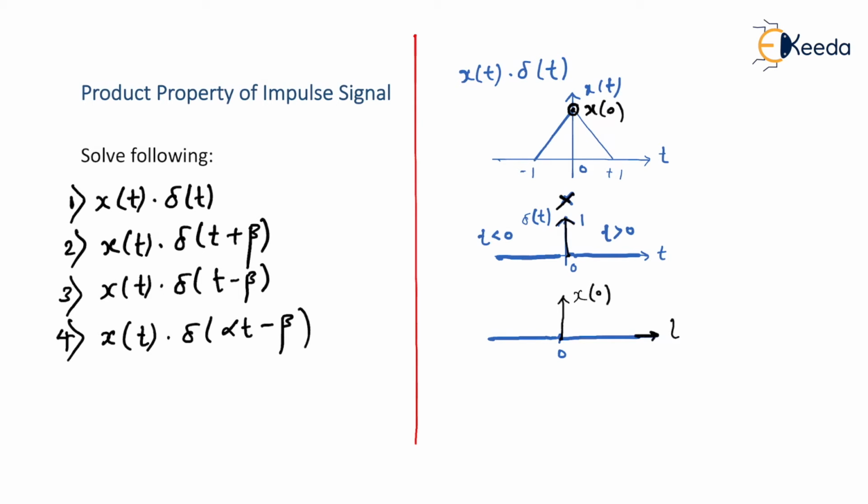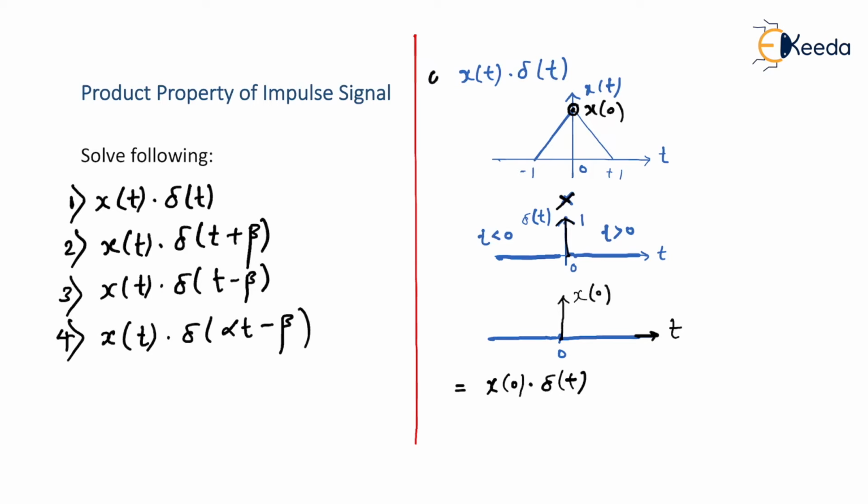Is that right? This is the graphical representation. Now I need to write a mathematical expression for the same. So I'm just going to write x of 0, because x of 0 is what we call the area of the impulse signal present at t equal to 0. So I can write this as del of t.